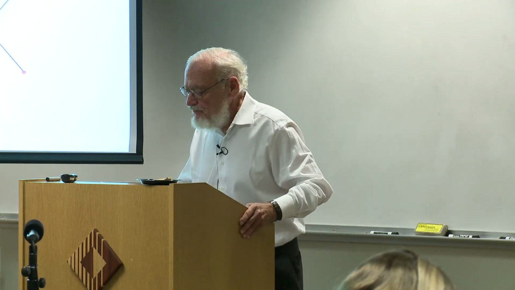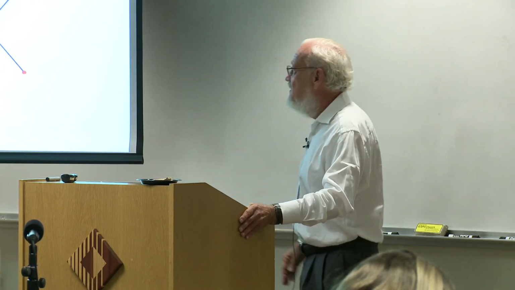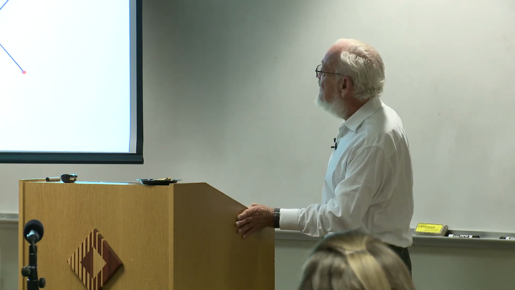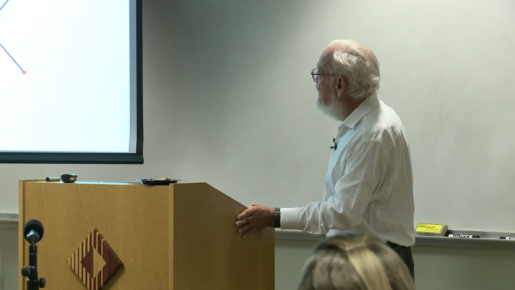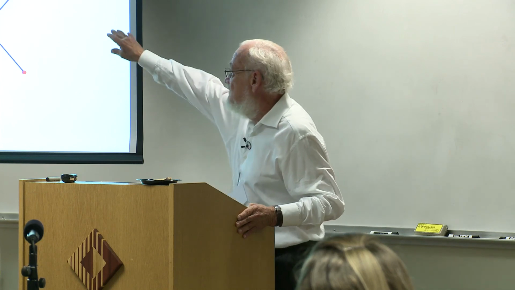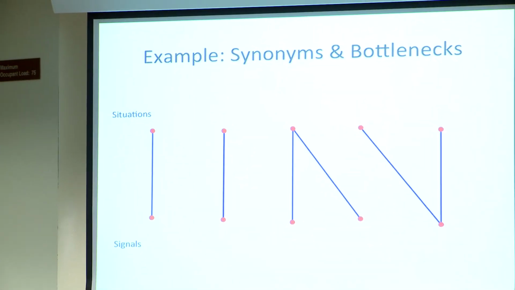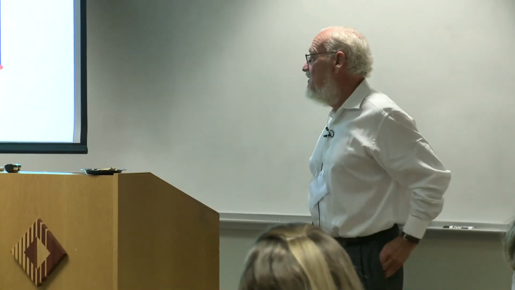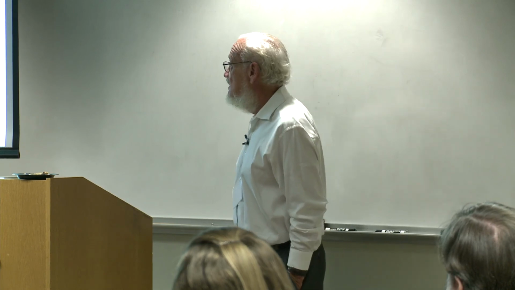Synonyms will persist if there are more signals than states. Here's an example of a signaling system where the same number of signals and states. Right? Here's an example that's a little different, where we have both synonyms and bottlenecks.